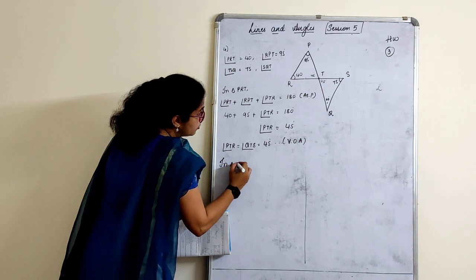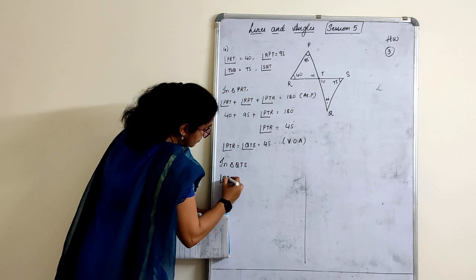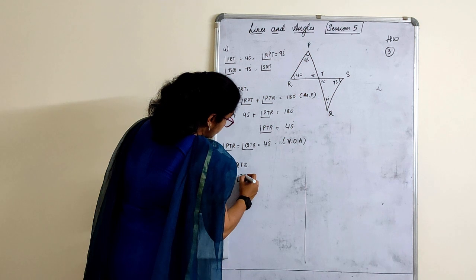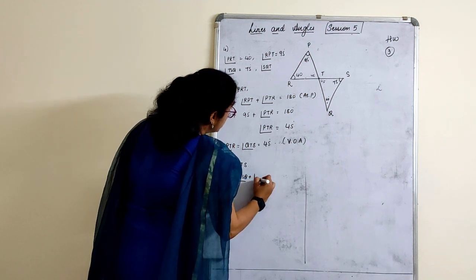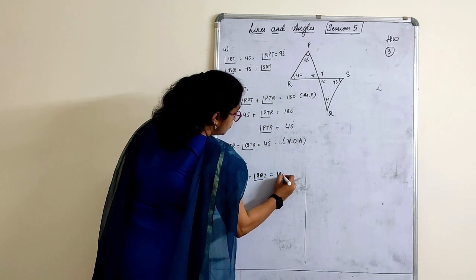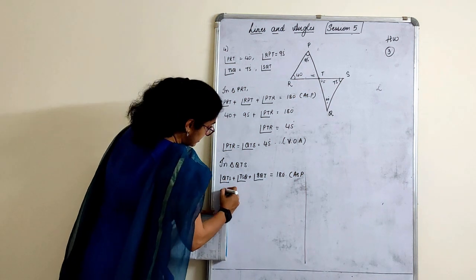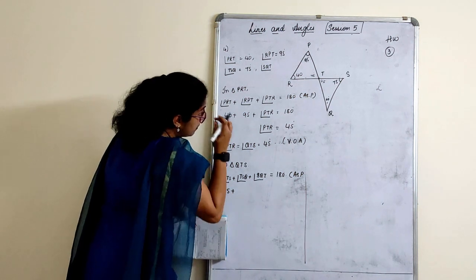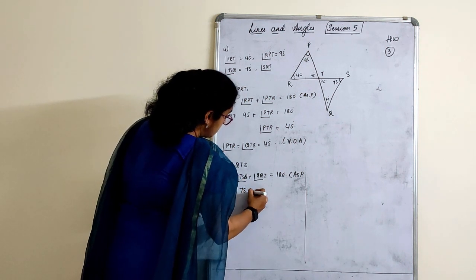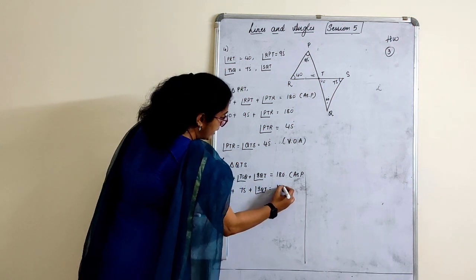Now in triangle QTS, angle QTS plus angle TSQ plus angle SQT is equal to 180. Angle sum property. Angle QTS is 45 plus angle TSQ is 75 plus angle SQT is equal to 180.